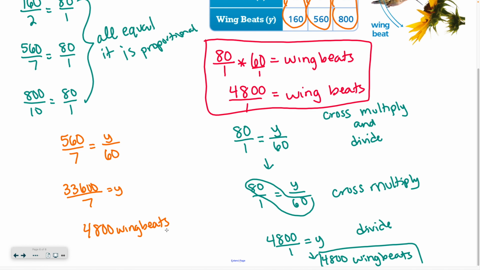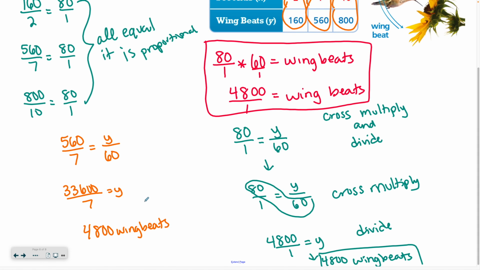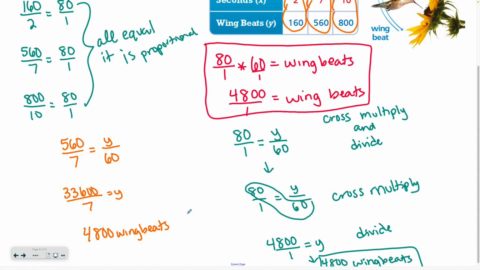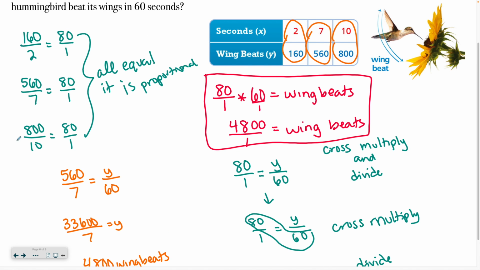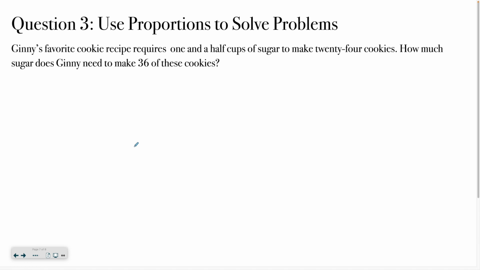So that's why learning this cross multiply and divide process can be really helpful, because then you don't have to do an additional step of determining are they all proportional, because usually we will just tell you if it's proportional in a problem like this.